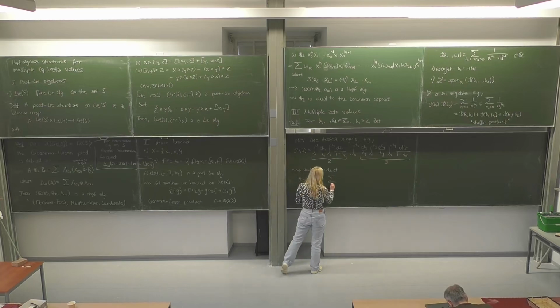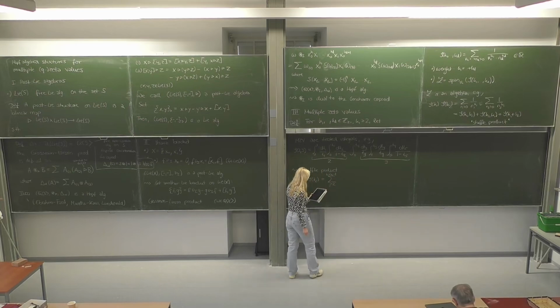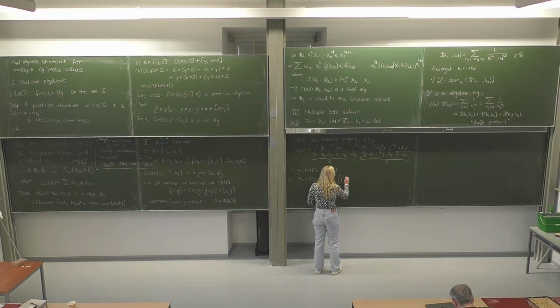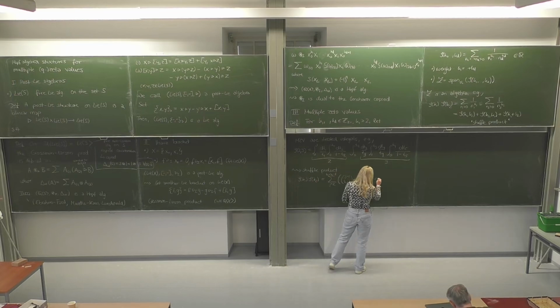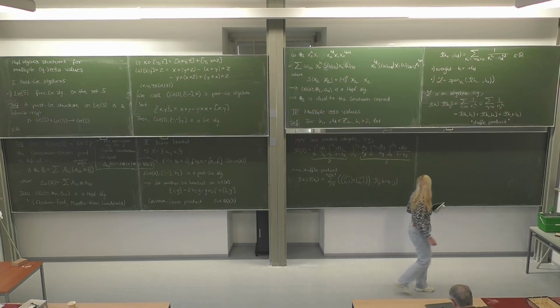So it's a sum from 2 to k1 plus k2 minus 1. And then we have some binomial coefficients. And then we have zeta j, k1 plus k2 minus j. So we get a second product expression.